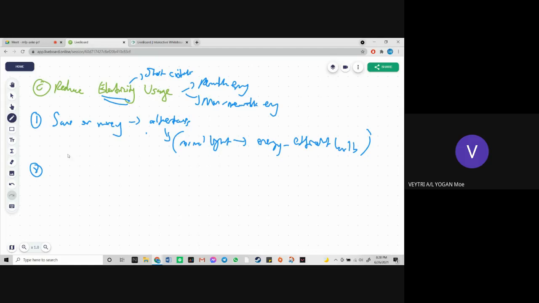Okay, now short circuit, we can actually avoid short circuit. Short circuit happens due to high consumption of electricity. So when you reduce electricity usage, it's very logical you can avoid short circuit. Okay, that is one of the most logical way.